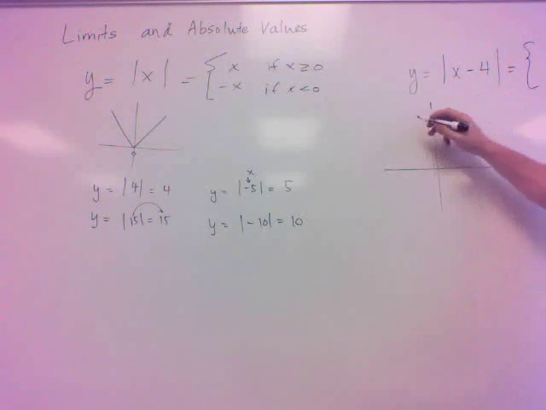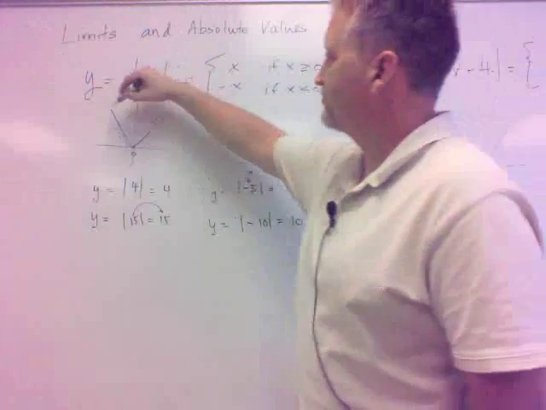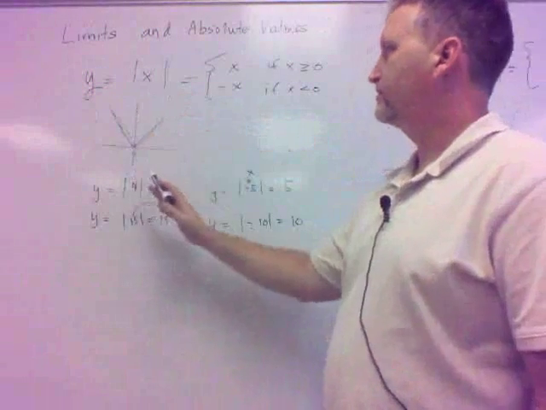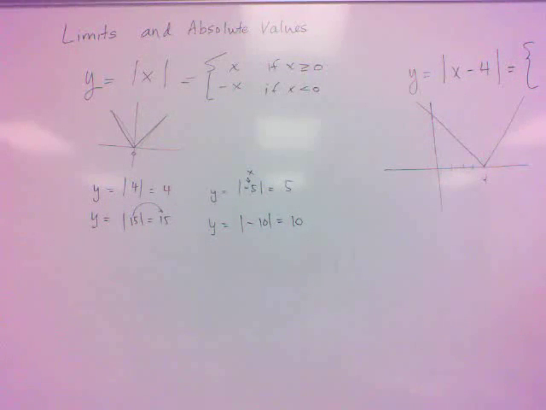You can graph it there on the TIs, whatever, but what happens is this gets shifted to the 4 there instead of 0, and so that means the break is going to happen at 4 instead of 0. Okay? Because another way you can look at it, this is really two lines, isn't it? This has a negative slope, this has a positive slope, and that kind of verifies that. But yeah, so in this case, here's the negative slope, here's the positive slope. So yeah, the break happens at 4.